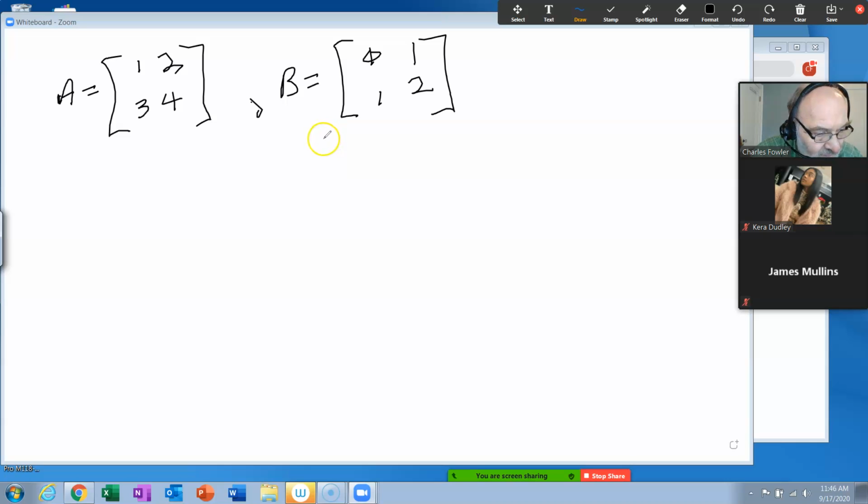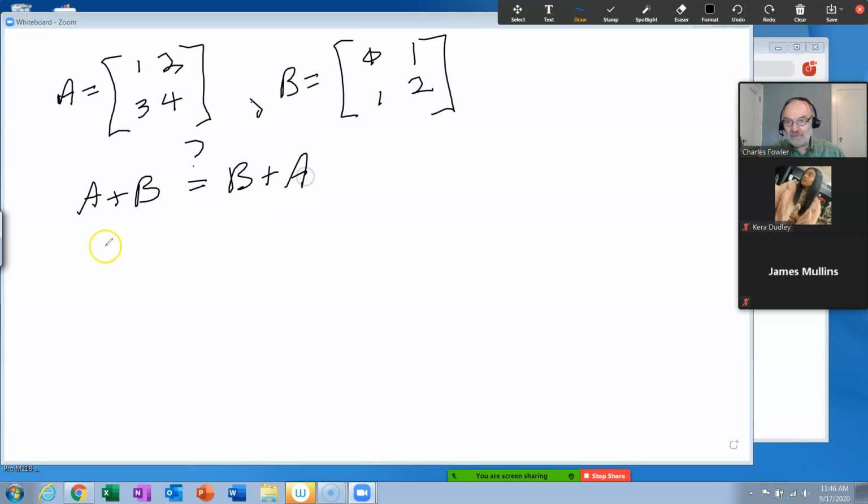Now, the question is: is matrix addition commutative? Which means, is A plus B equal to B plus A? Well, let's do the A plus B here.